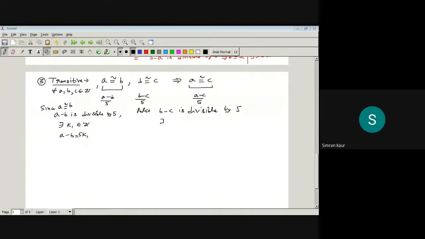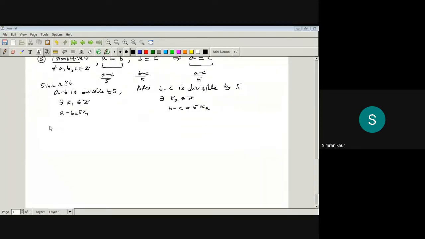Similarly, there exists K2 belonging to integers such that B minus C is equal to 5K2. Then add these two equations.